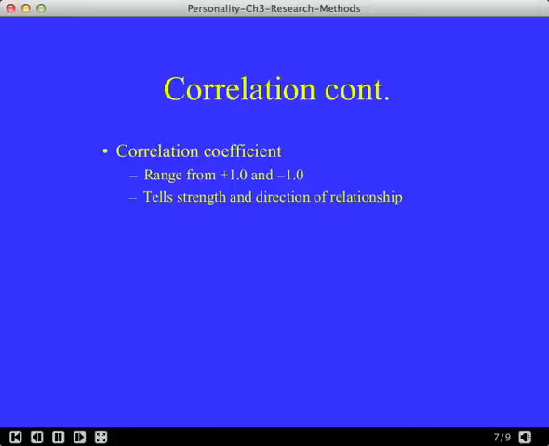So when you are looking for strength, you disregard the signs. You don't look at the positive sign or the negative sign, the plus or the minus. You pay attention to the absolute value, the number following the decimal. The higher the number, the stronger the correlation. So a negative 0.8 is a stronger correlation than a positive 0.6, and it denotes a stronger relationship between the two variables.